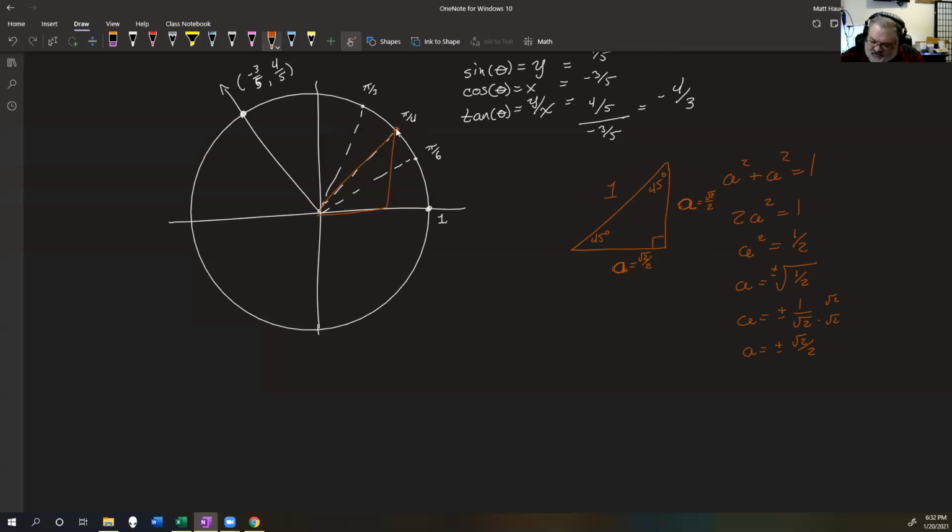So what does that make this coordinate on our unit circle? Well, that coordinate is the square root of 2/2, square root of 2/2. Is that fair? Similarly, what if we went over here to 3π/4? Does this same triangle fit right here?